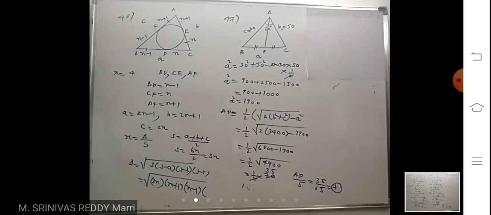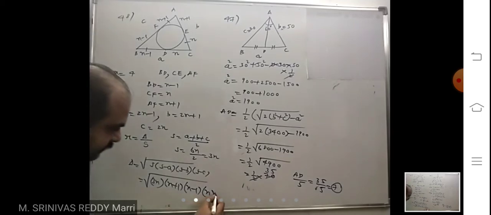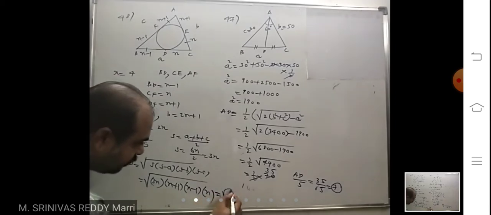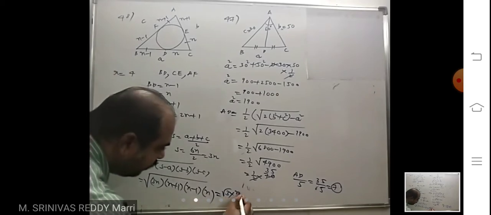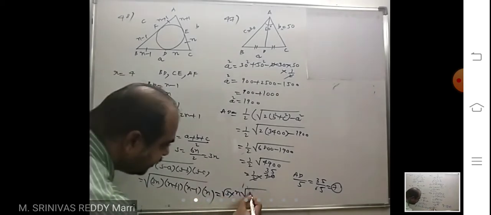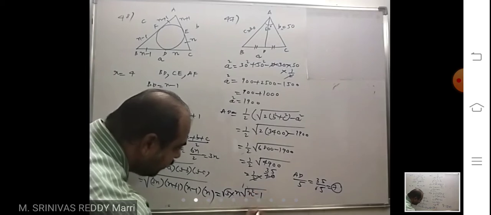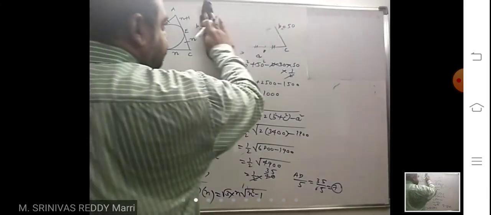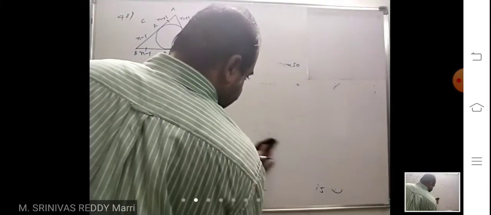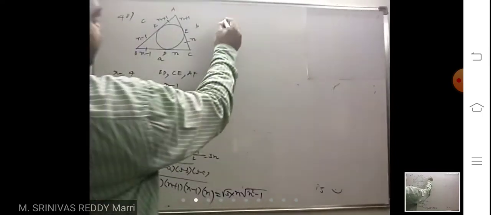S minus C is 3n minus 2n, that means n. So delta is root of 3n into n plus 1 into n minus 1 into n. N into n means n comes out, root of 3 into n square minus 1. Now r is given. Now we will calculate what is r. What is r?